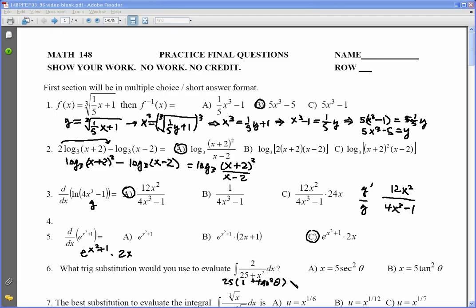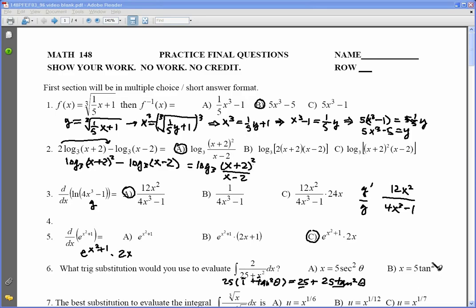So it's 25, this will be 25 plus 25 tan squared theta. And then the 25s here match up, so the x squared has to match up and be 25 tangent squared. So take the square root: the square root of 25 is 5, the square root of tangent squared is tangent, so it'd be 5 tangent theta.